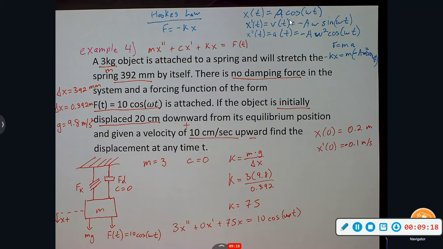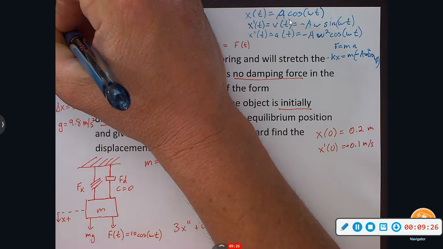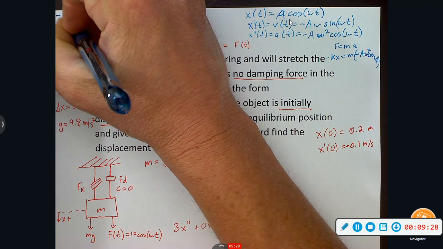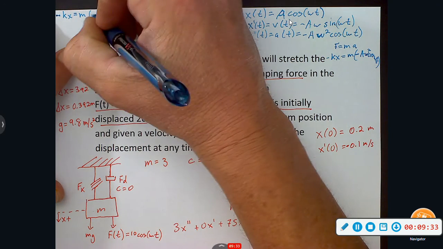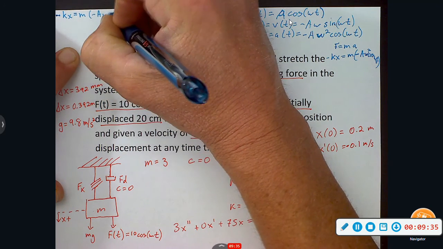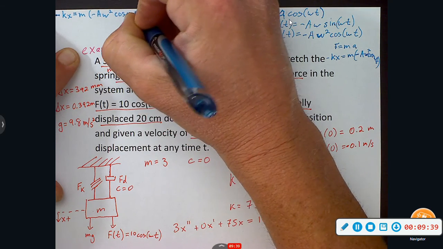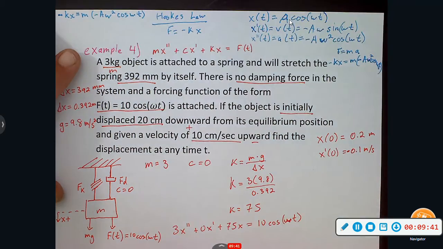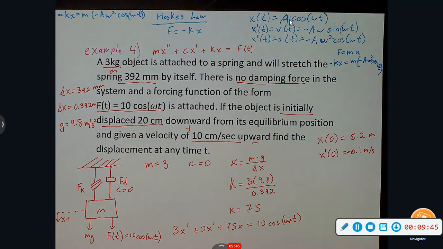You can see that. Let me throw that over here. All right, what about x?